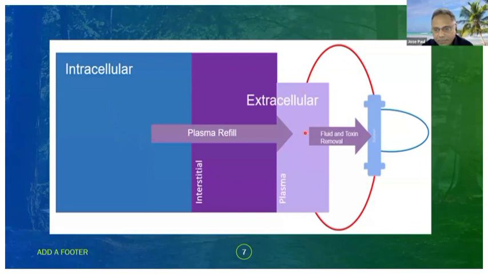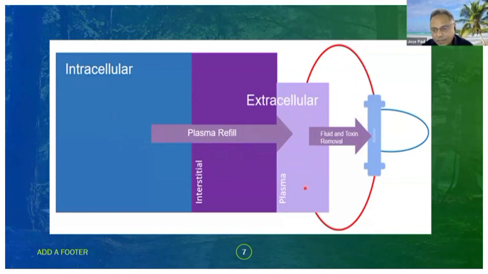When you are drawing water out of the blood compartment, the water should move from the intracellular compartment into the interstitial compartment, and from the interstitial compartment it should move into the plasma compartment. This movement of water across all the compartments, from the intracellular and interstitial compartments into the blood, is known as the plasma refilling rate.